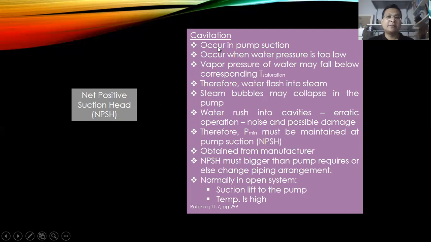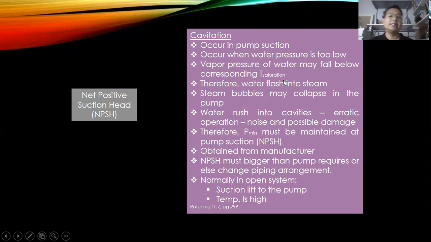As we know, cavitation will occur around the blade because of the bubbles. High temperature can create the bubble, so there will be a loss in the pressure. Where water pressure is too low, the vapor pressure of water may fall to the corresponding T saturation.